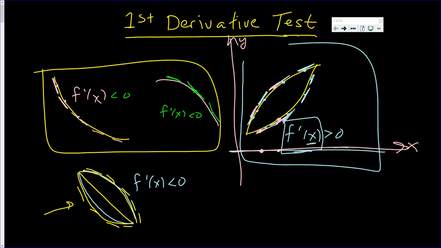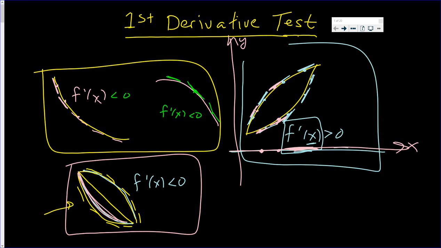Keep in mind those are two different graphs. I'm just showing you that the concavity doesn't matter. If the function is increasing, the derivative will be positive. If the function is decreasing, whether you're talking about this curve or this curve, the first derivative is negative.